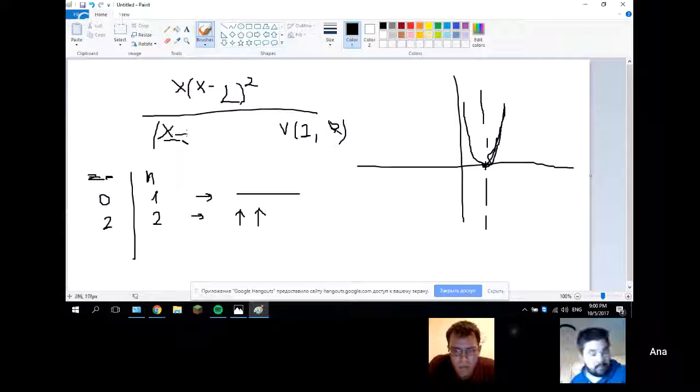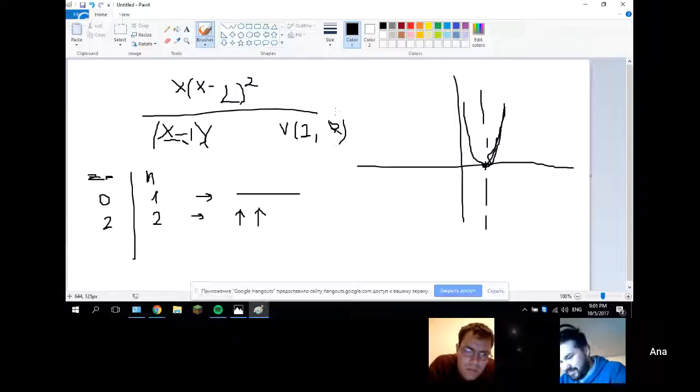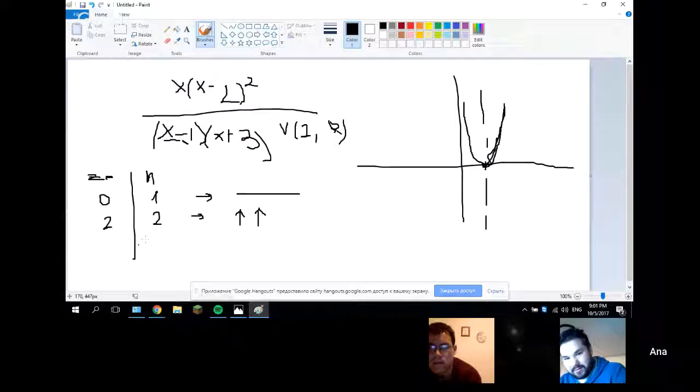x minus 1. So you're trying to determine the end behavior for each of these small things. Sorry, asymptotes are only on the bottom. So let's see, x minus 1. I don't know if you understand anything here. So it would be 1. The asymptote is 1.